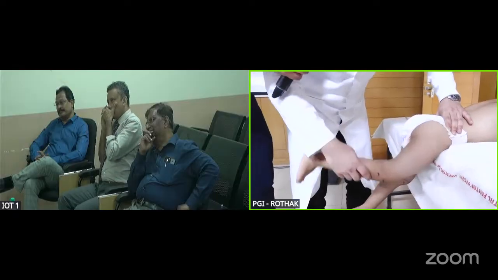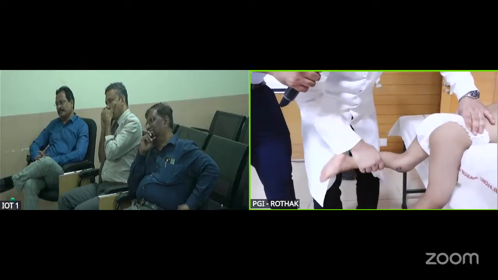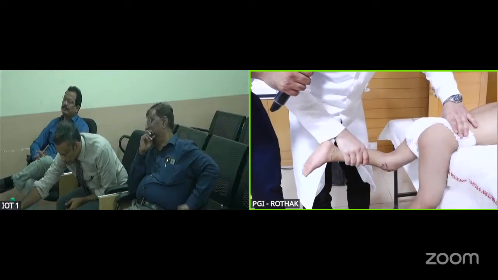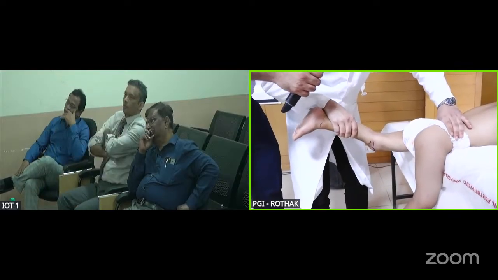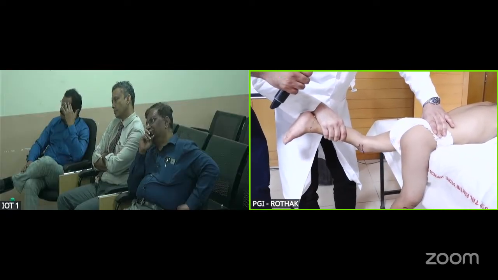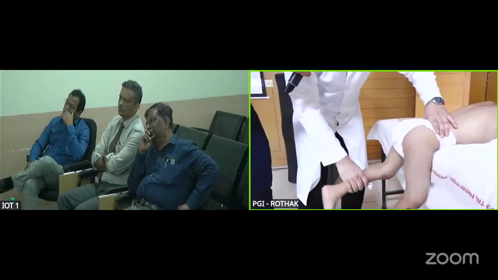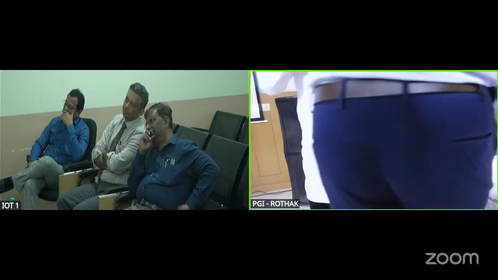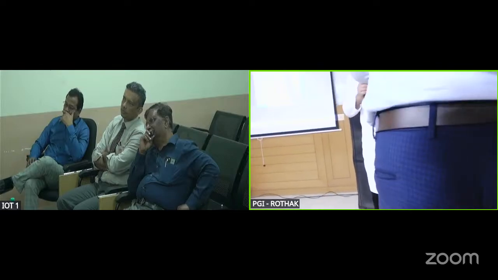On the right. Okay. So what is the value of flexion deformity on the right and left side? Sir, right is 20 degrees, left is 25 degrees. Okay.